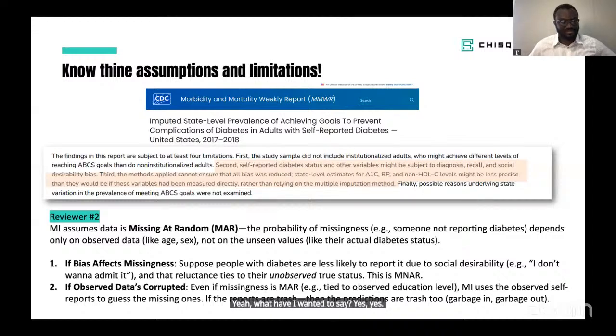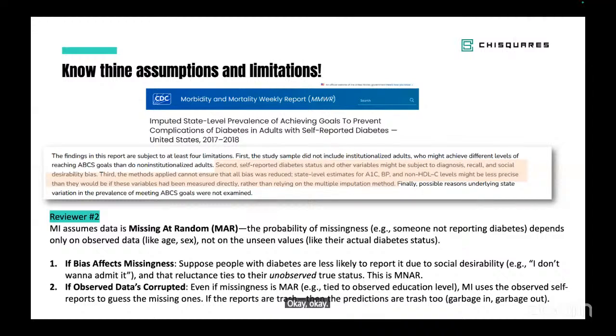Yes. Okay. I was trying to say the statement actually contradicts the MCAR initially, because missing completely at random would imply that the missingness is unrelated to both the observed and the unobserved data. But the limitation mentioned in the report suggests that the missingness might be related to the observed data, which is more consistent with my assumption.